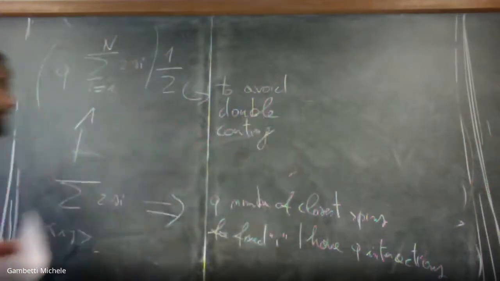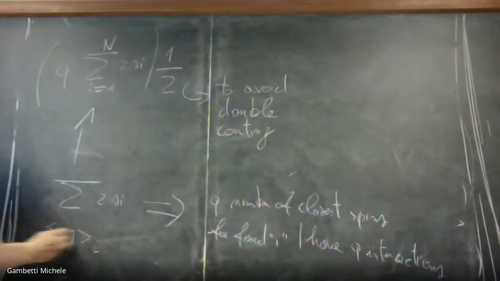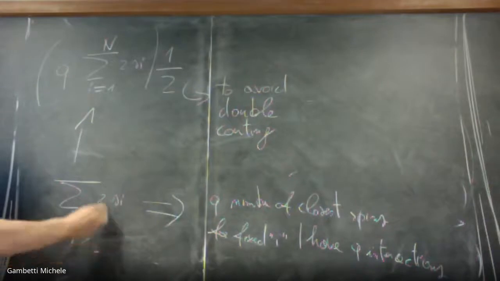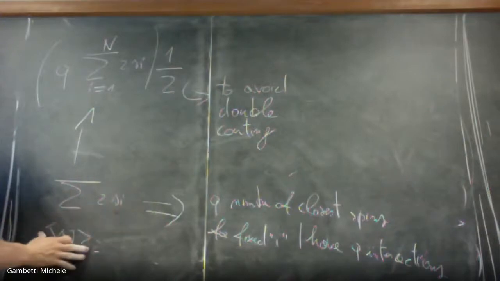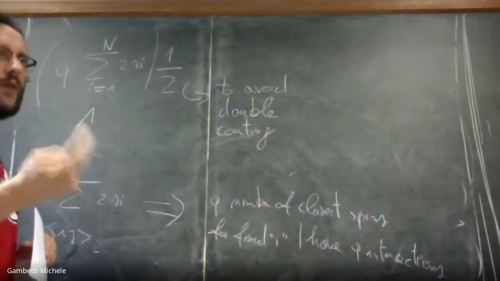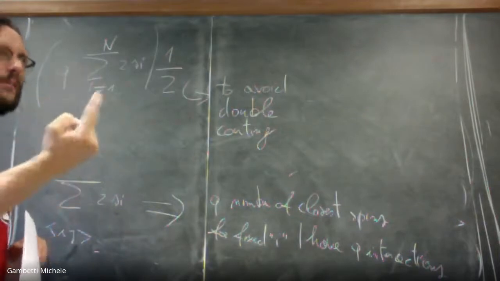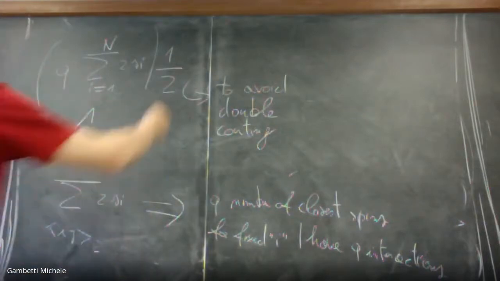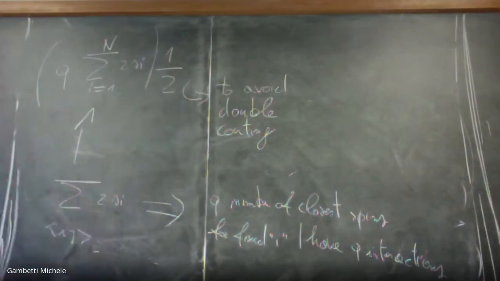Here I have a sum over pairs ij of Si; I could have written Sj, of course. When I consider the pairs, I just need to take into account the interaction of two spins only once, and therefore I have to correct with this 1/2.